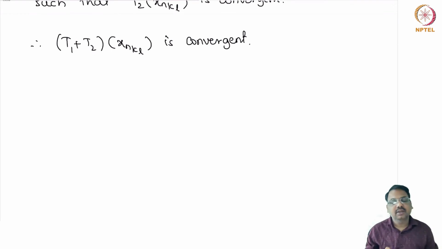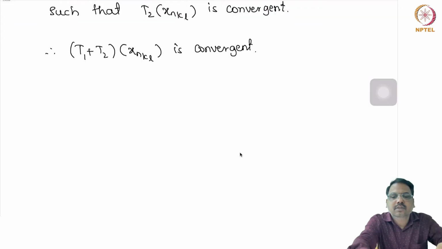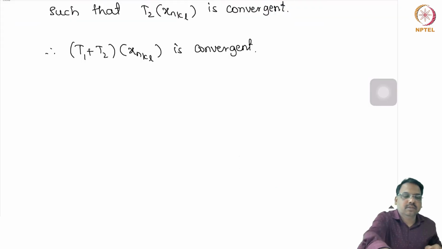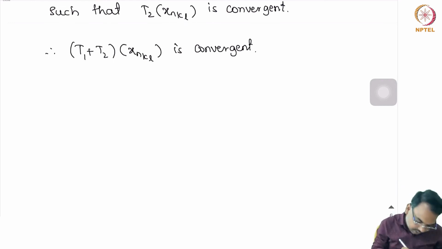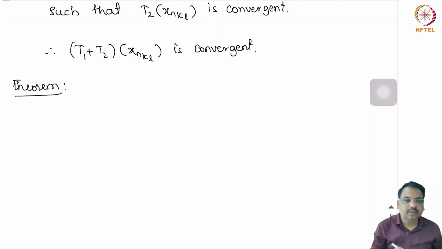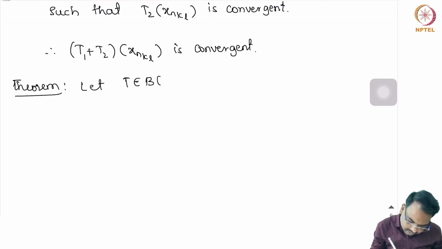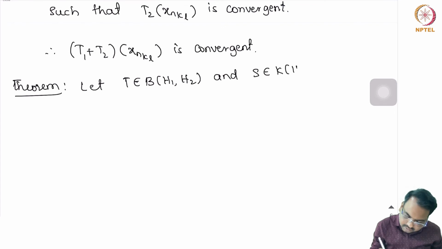Now we want to ask what will happen if you take product of two compact operators. Theorem. Let T be a bounded operator from H1 into H2 and S be a compact operator from H2 into H3.